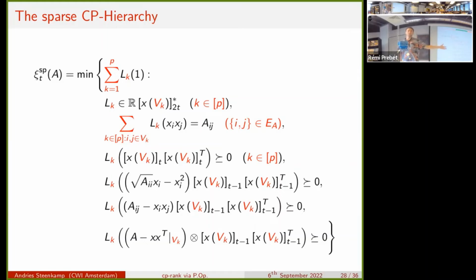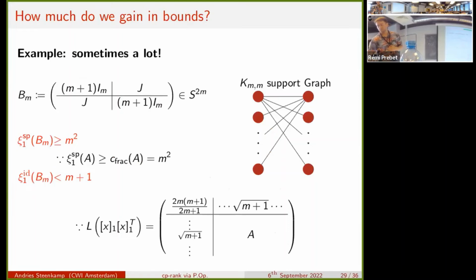That's a sparse hierarchy. Multiple measures, multiple pseudo-measures, but it's still something you can compute. All right, so I've convinced you theoretically that the sparse hierarchy is at least as good as the dense hierarchy. Now let me show you examples of exactly how big the separation can be.